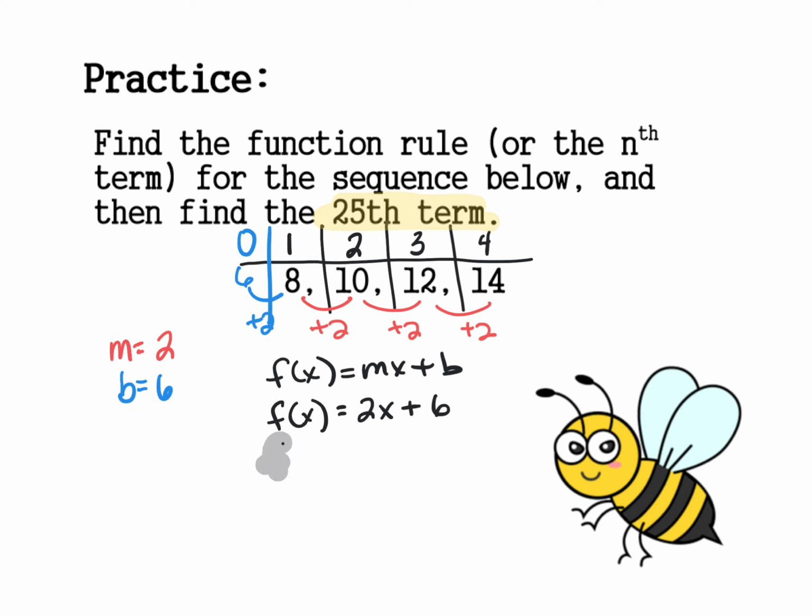Sorry, I keep grabbing the wrong pen. That's going to be 2 times 25 plus 6. So 2 times 25 is 50, plus 6 gives me 56. So the 25th term is going to be 56.